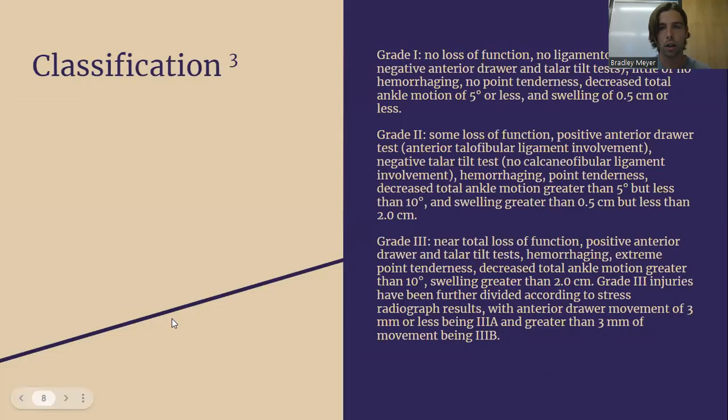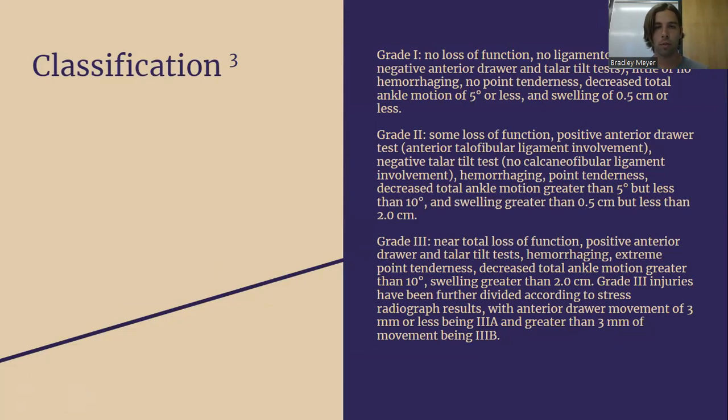So then ligaments are graded. Ligaments are graded 1 through 3 based on how much function they have in their ankle, based on the results of those special tests that were just listed on the previous slide, and then based on those other factors like hemorrhaging, tenderness, total range of motion, swelling, and pain.